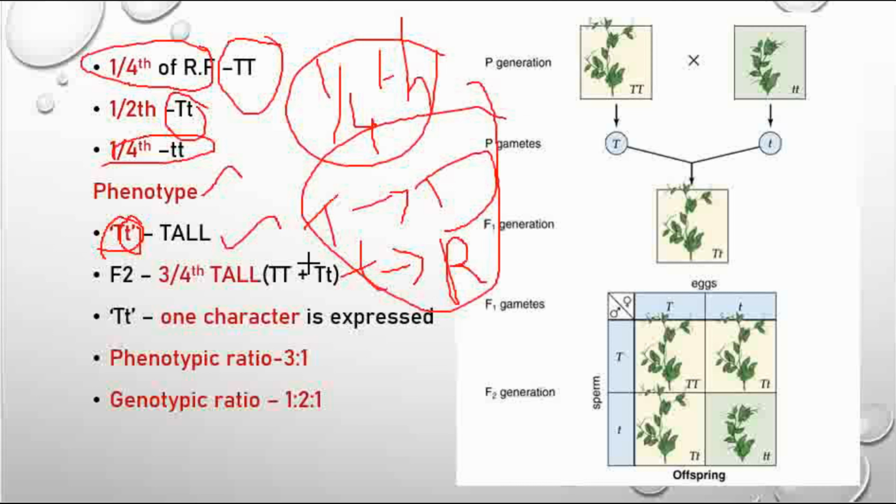So since this is dominant, this has become recessive. So the tall character is dominating here. So அதுதான் dominant and recessive.